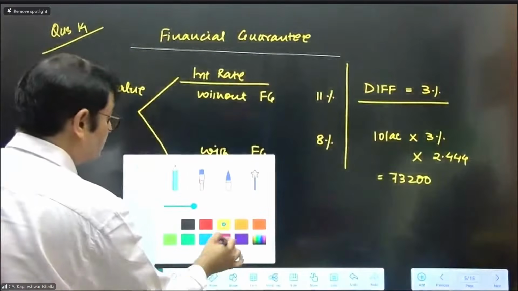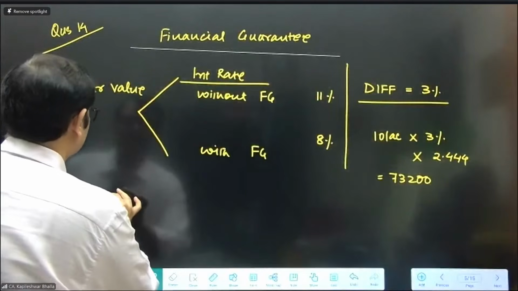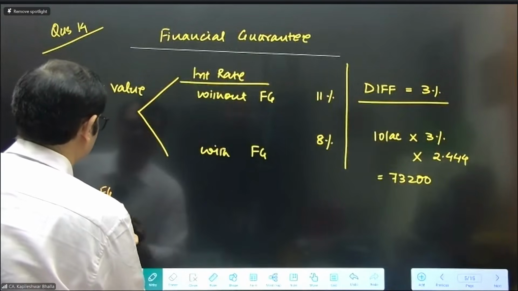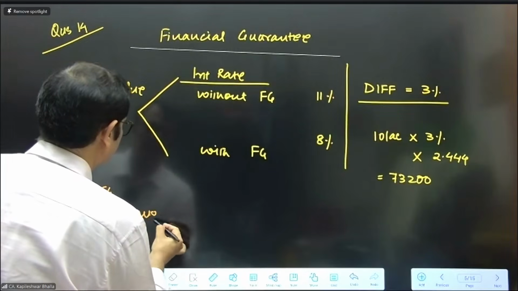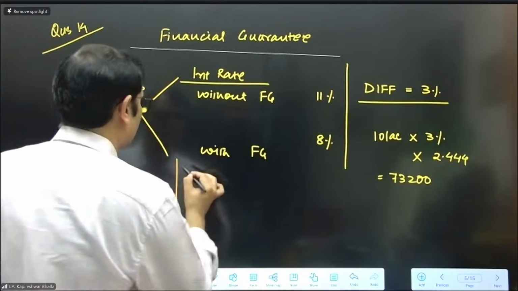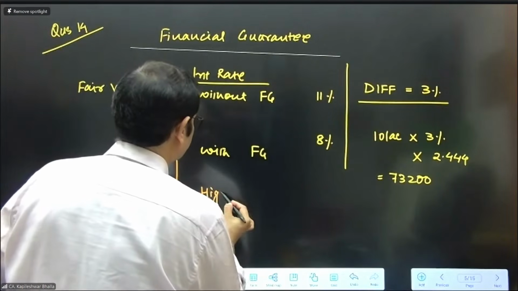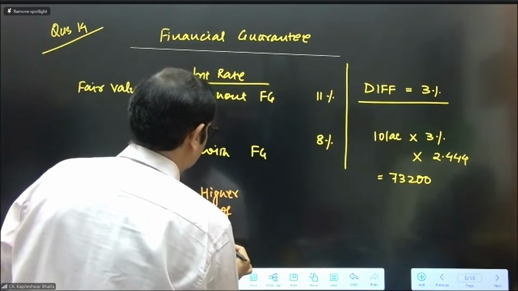So let's make a mention at this stage that the financial guarantee measurement is going to be equal to the higher of the two.